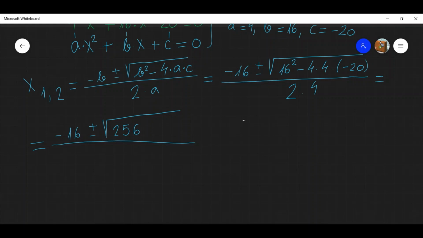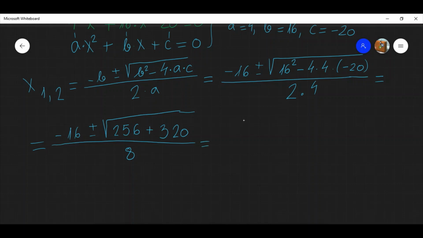Yes, minus multiplied by minus is plus. 4 multiplied by 4 and 20 is 320, and here we have 2 multiplied by 4, which is 8.